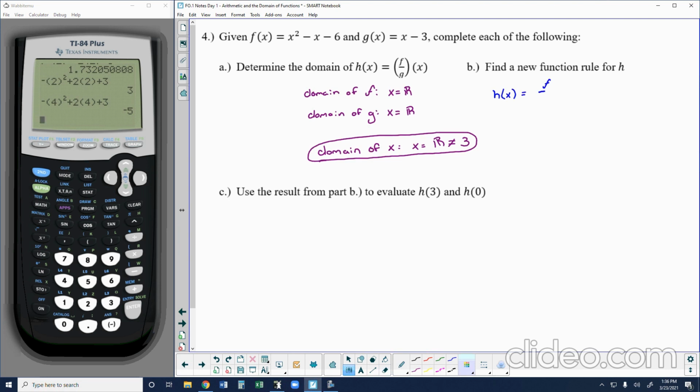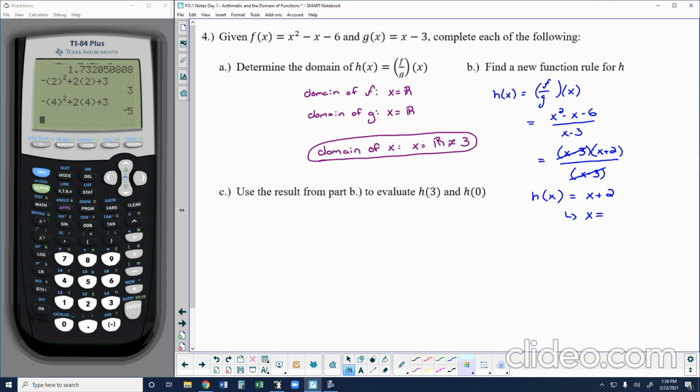If we want to simplify this, the numerator would become x minus 3 times x plus 2, and the denominator would become x minus 3. Now we can simplify this function if we want to. So we can write h of x as x plus 2. But what we have to realize here is that x cannot equal the value 3. Again, x cannot equal 3 because x minus 3 was at one point part of the denominator, and we cannot have a 0 in that denominator.